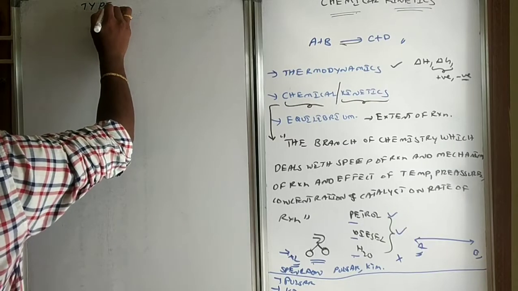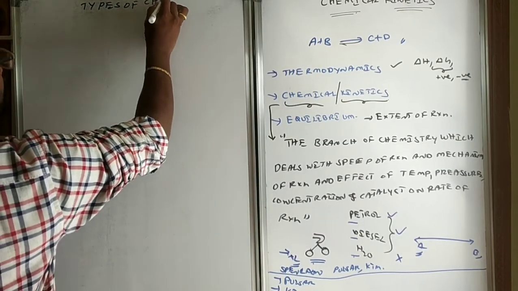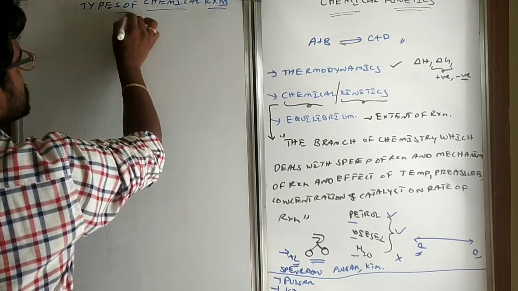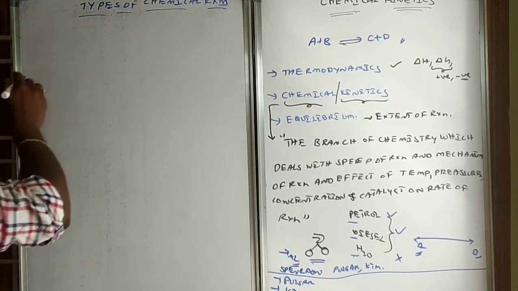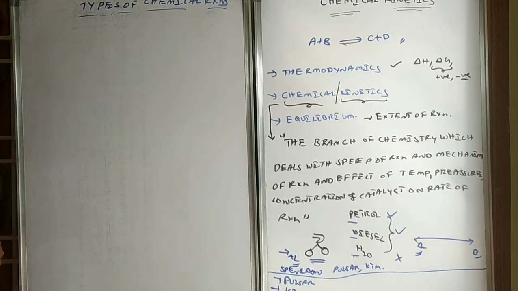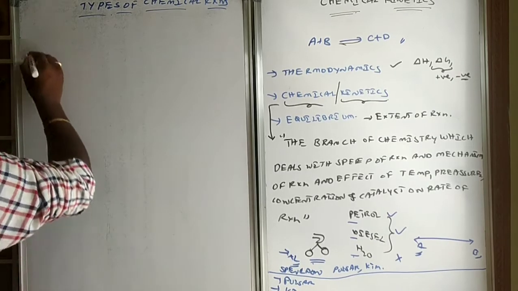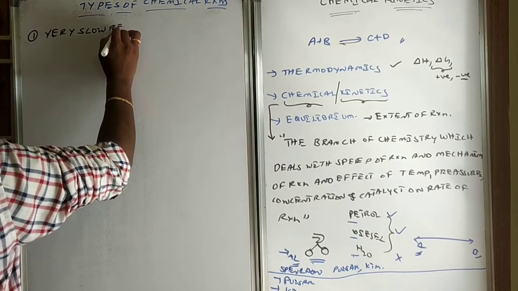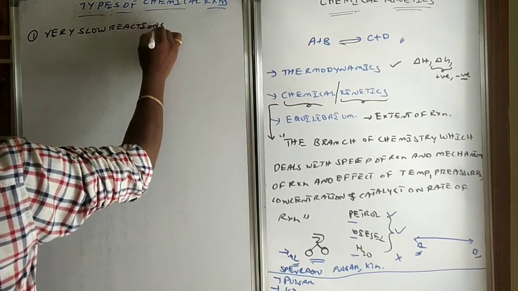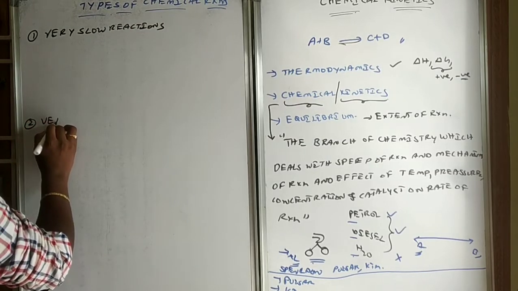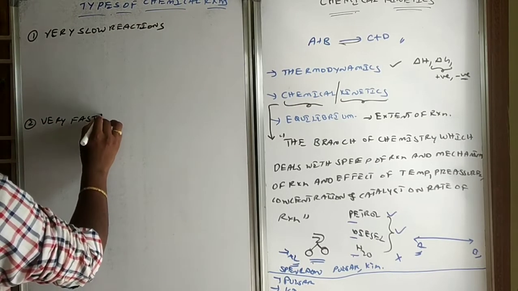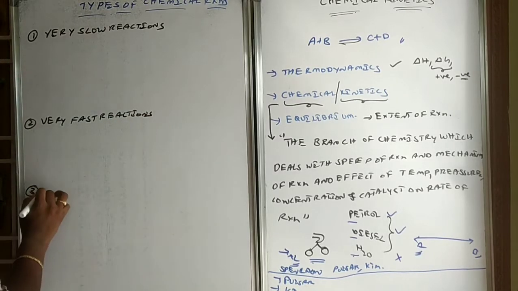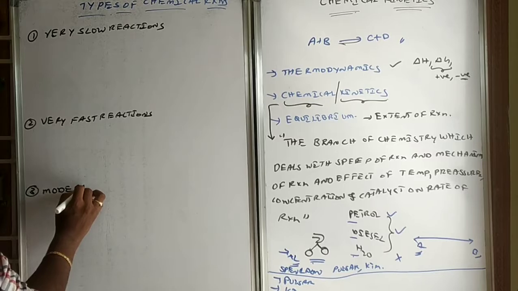Basically, based on the speed of chemical reaction, chemical reactions are classified into three categories: very slow reactions, very fast reactions, and moderate reactions.